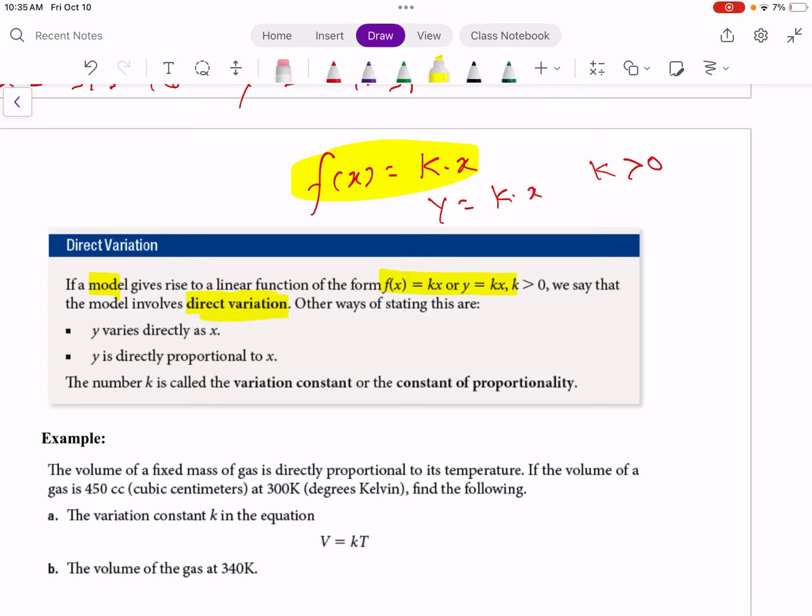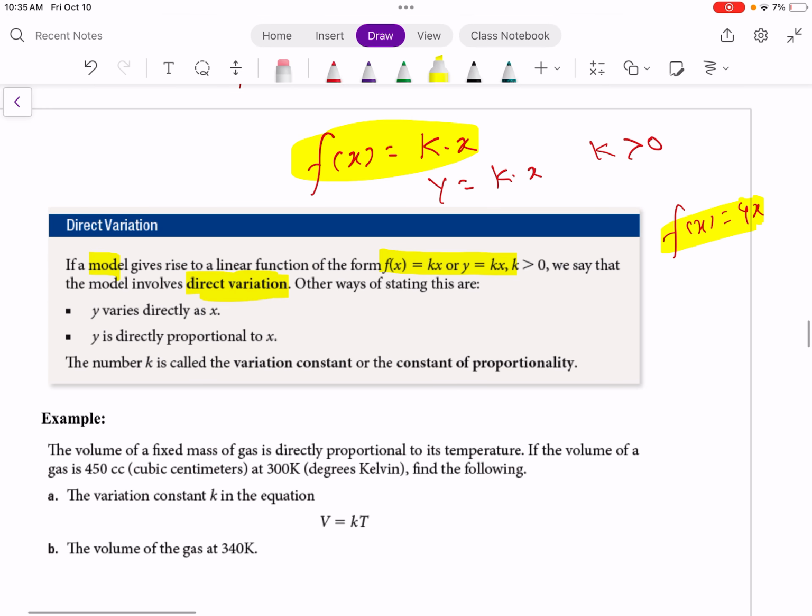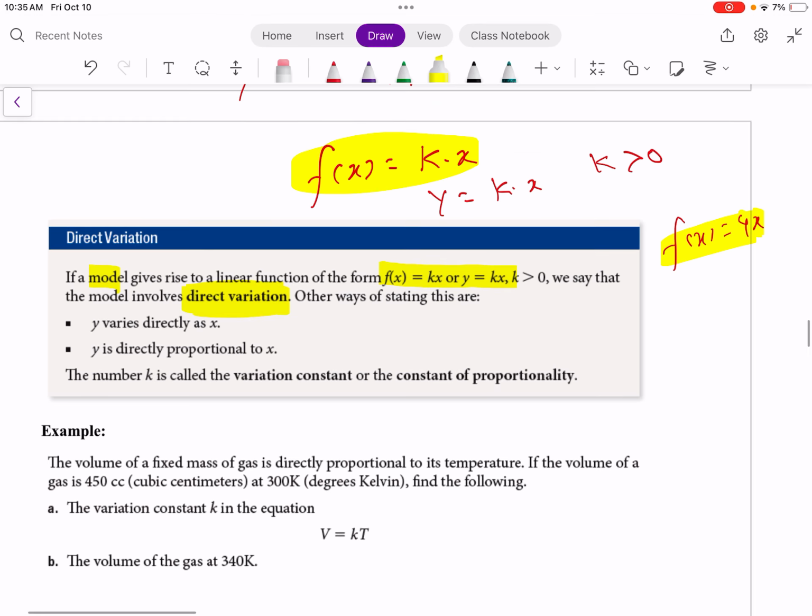For example, let's say we have a function f of x equals 4x. So we have a number times x, and if this is the case, we say the model has a direct variation. It means our output y varies directly as x.